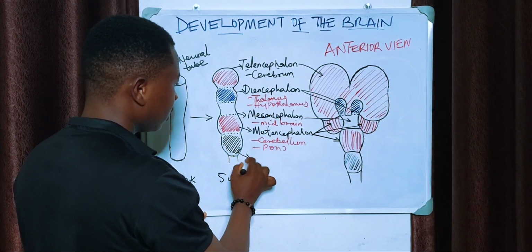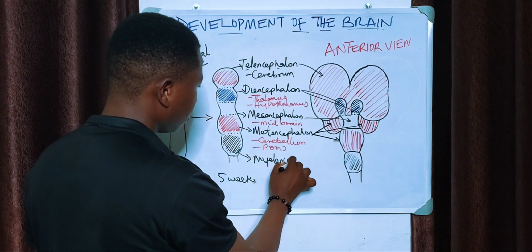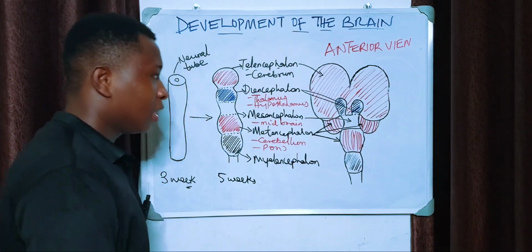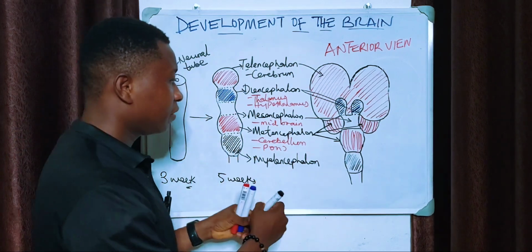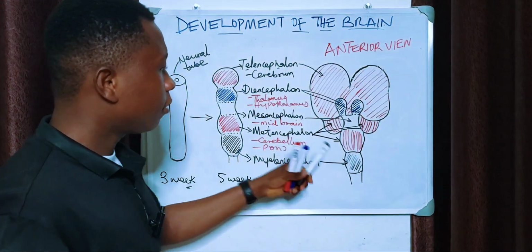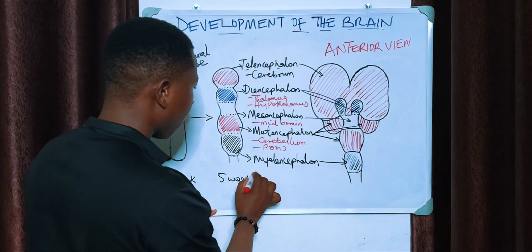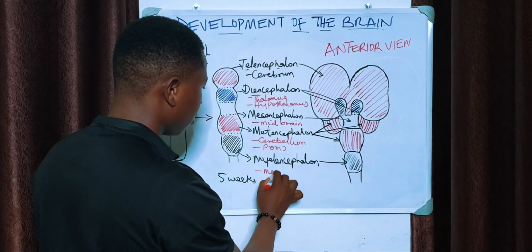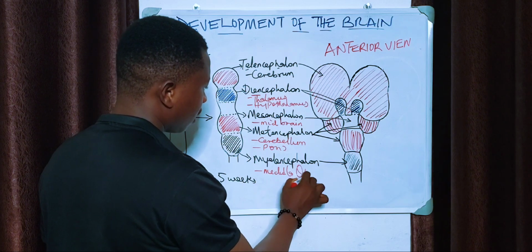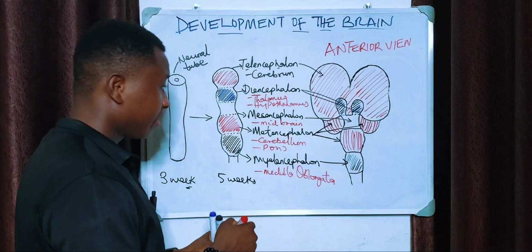So this last part is called the myelencephalon. It differentiates to form this other structure here. It contains the medulla oblongata.